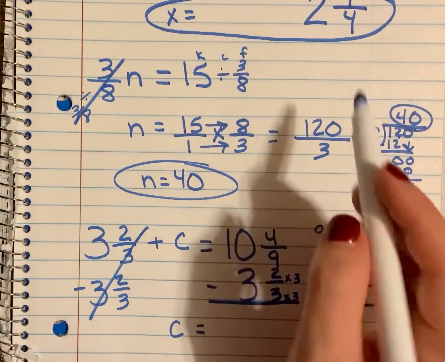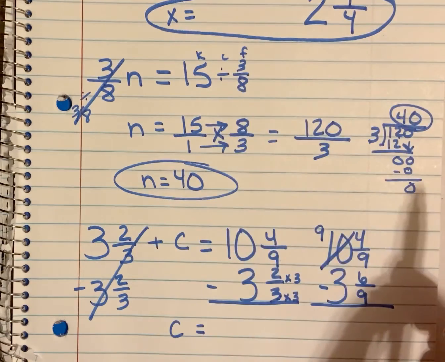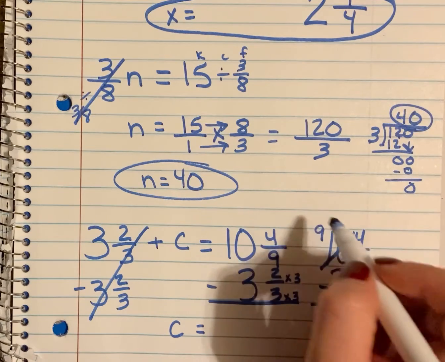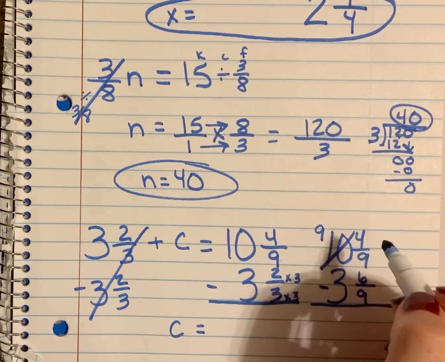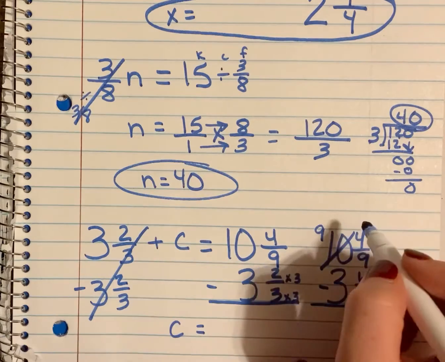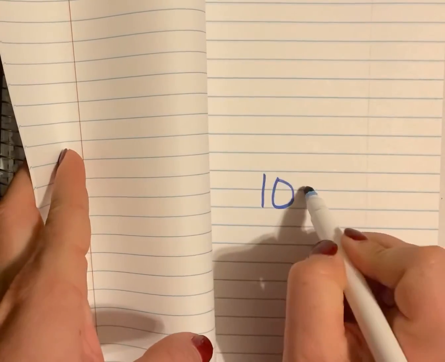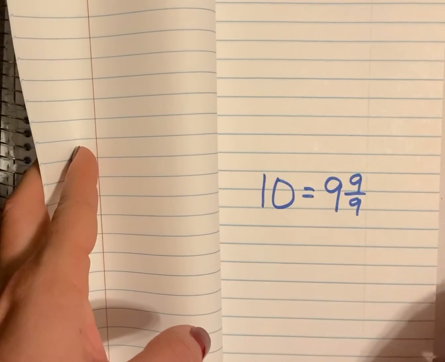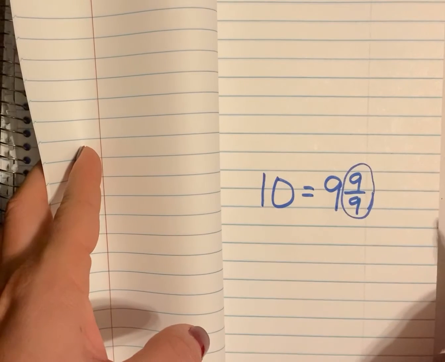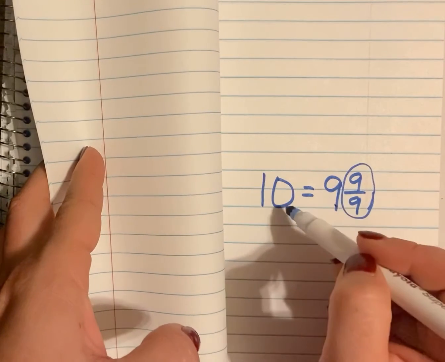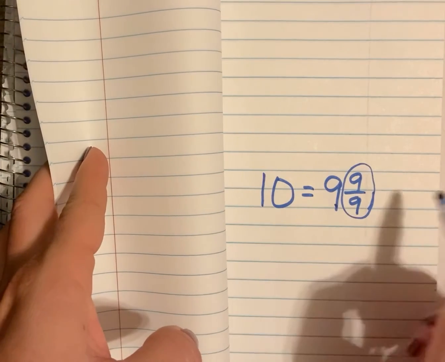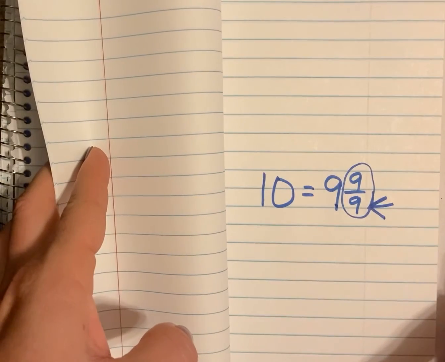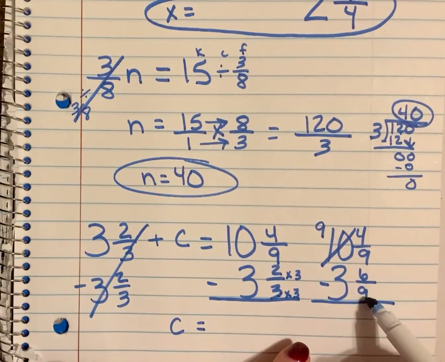Because remember, from the example up top, a whole number 10 is the same as 9 and 9/9. Remember, this is one whole. One whole plus 9 is the same as 10. We keep the denominator 9 because it keeps our common denominators.